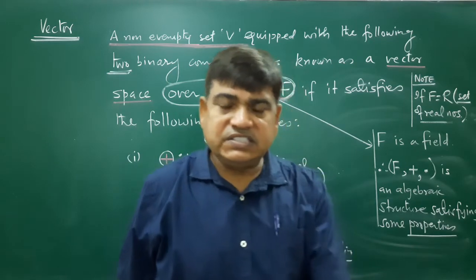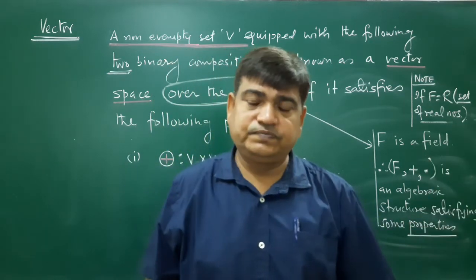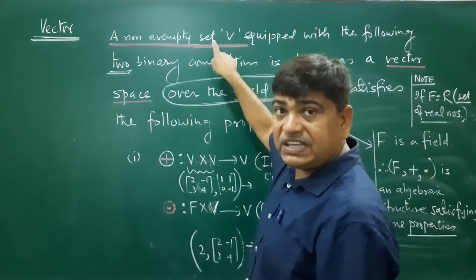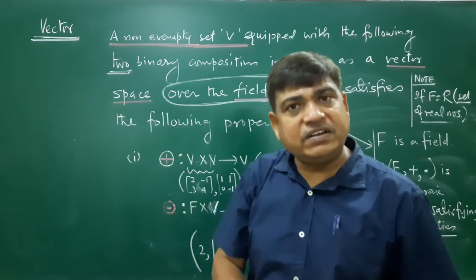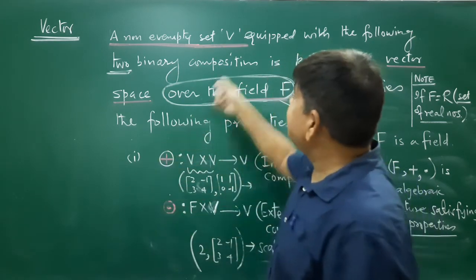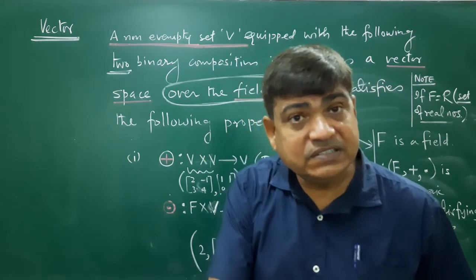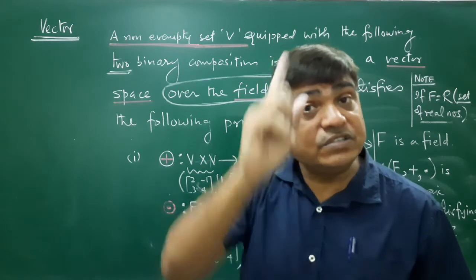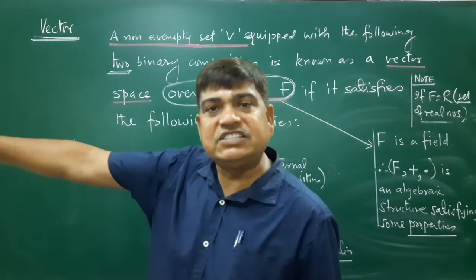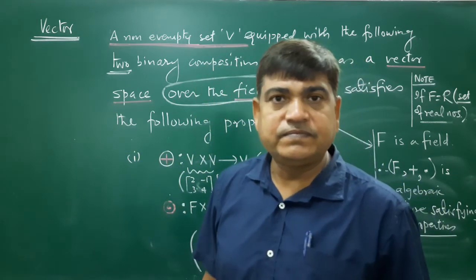That you have learnt in vector algebra and physics also. Here the elements of this set V are known as vectors. Here vectors means the elements of V. Here vector is not the vector quantity that is defined in vector algebra and we have learnt in physics as well as in mathematics.